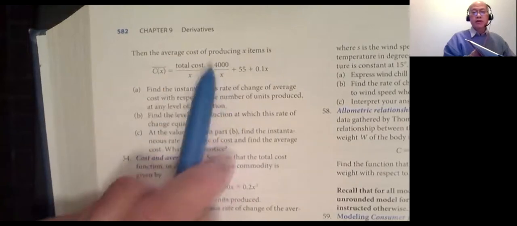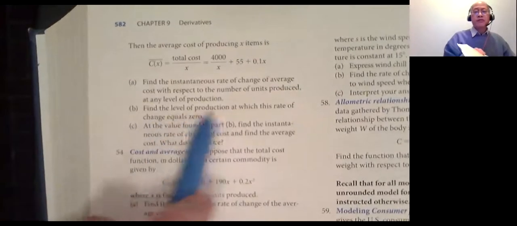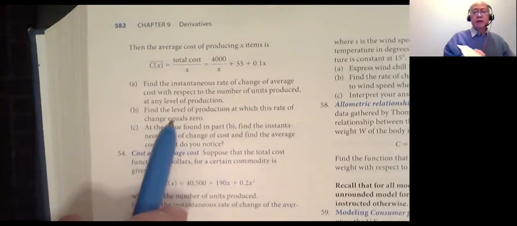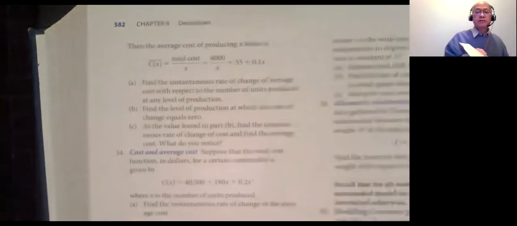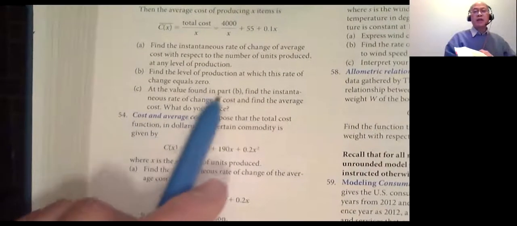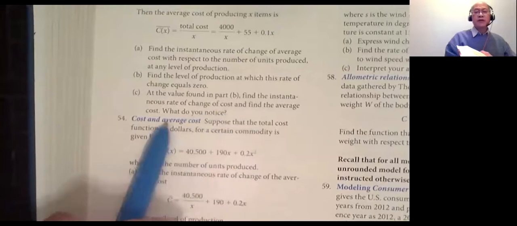So they want the derivative of this guy. B, find a level of production at which this rate of change equals 0. So that's just like the previous problem, set the derivative equal to 0. C, at the value found in part B, find an instantaneous rate of change of cost and find the average cost. What do you notice? Okay, so what does he mean by that?